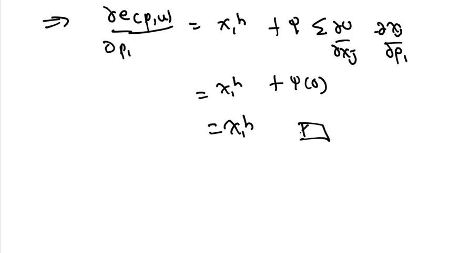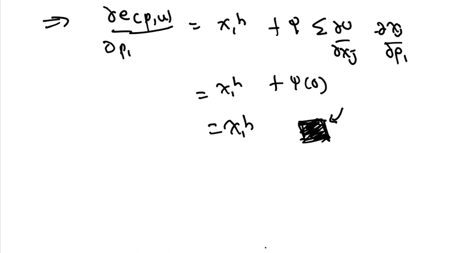So it is proven. This is a square. My square is not very neat, but this is a square to show that it has been proven. Alright, so that's the proof of property number 7.